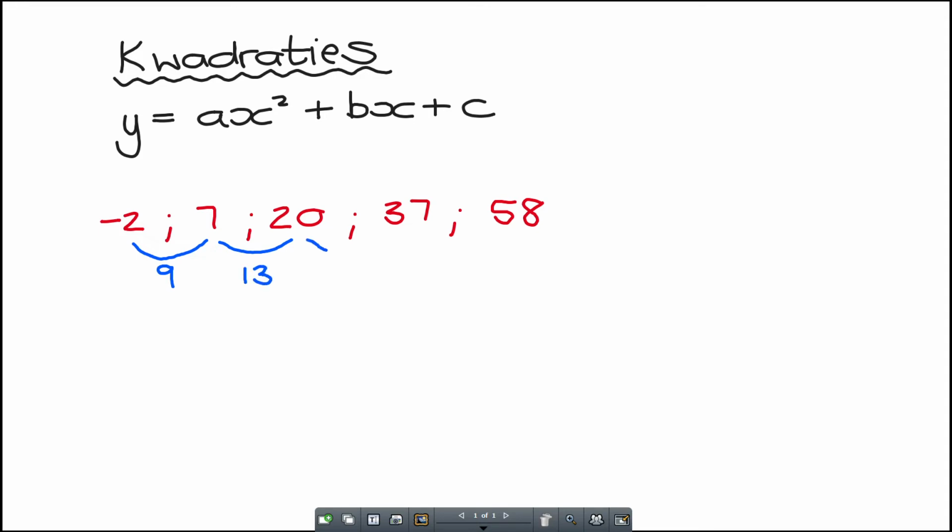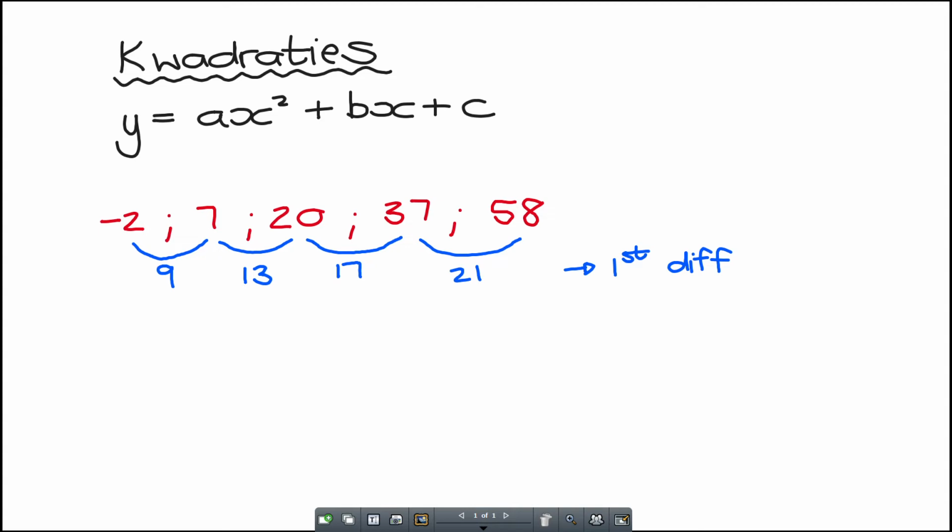Van 20 tot by 37? 17. And to get from 37 to 58, I had to add 21. Now, that is my first difference. Sien jy dat dit nie dieselfde is nie? It's not the same. You guys good? Meaning, this cannot be a linear equation.